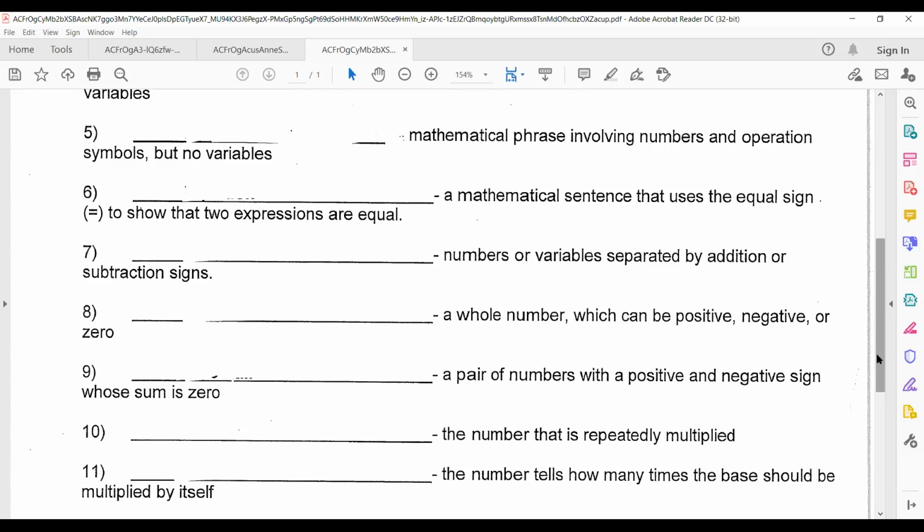Questions, anybody? No. Okay, the next two go together. 10 and 11. The number that is repeatedly multiplied is the base. 11 is the exponent.